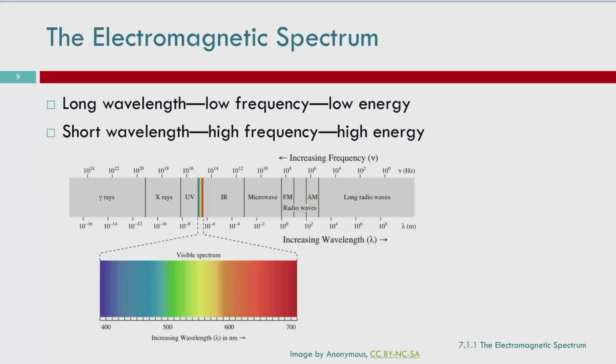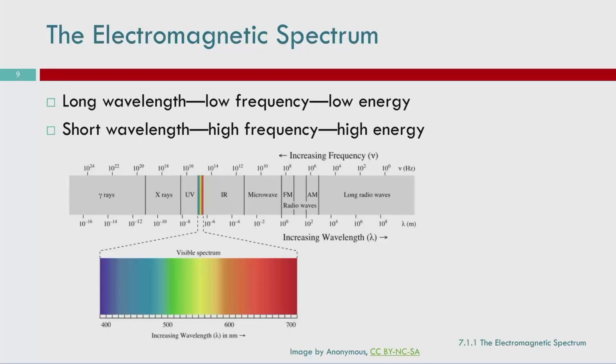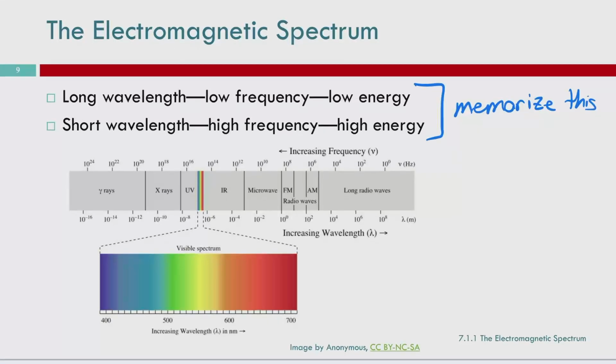Okay, looking at a zoom out of our full electromagnetic spectrum, we will go through and talk about each of these sections individually. And here we've got, again, you should have this memorized, just this general trend. There are ways to work it out with that trick that I'm going to show us later, but it would be a good idea to have these memorized.